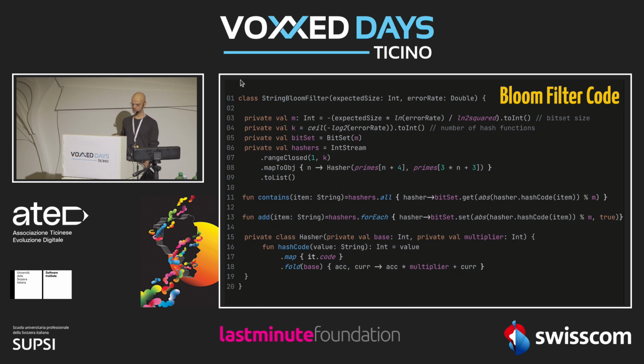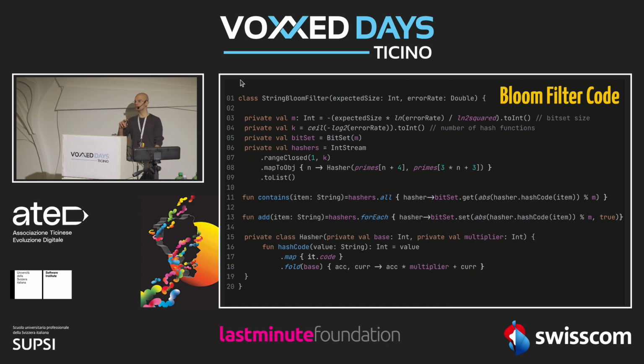From line 15 on, there's a hasher class which provides the hash function, and then the rest, as you can see, starts from line 3, defining M and K, and then it defines at line 6 the hashers, and then you have only 2 functions: the contains function and the add function, which do what I described before. The contains just checks that all the hash function returns are set to 1, and the add just sets the bit to true for all the hash functions.